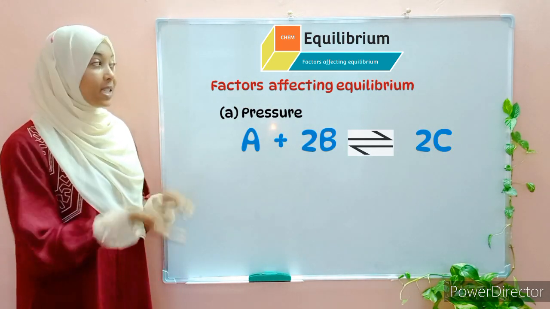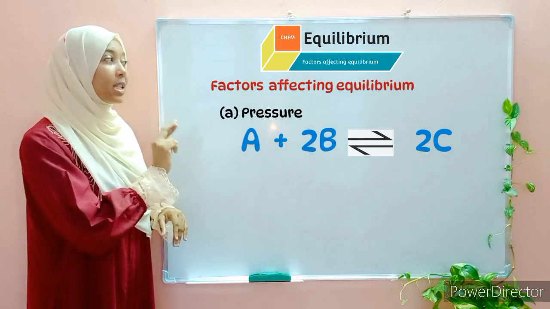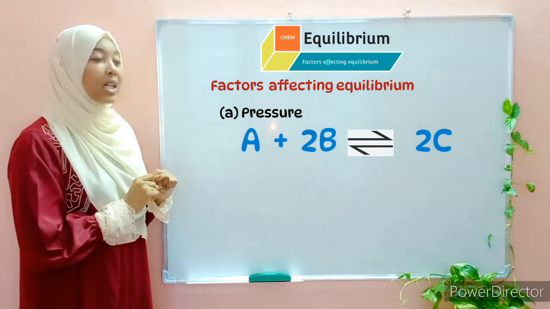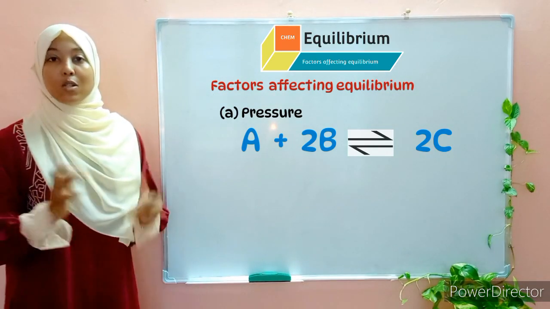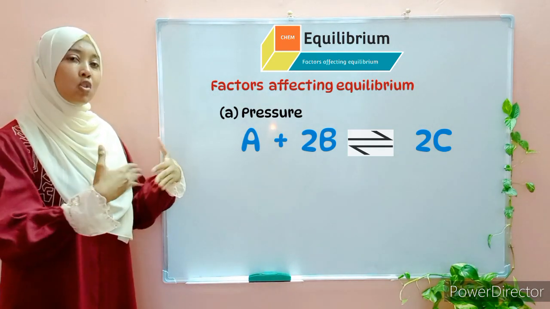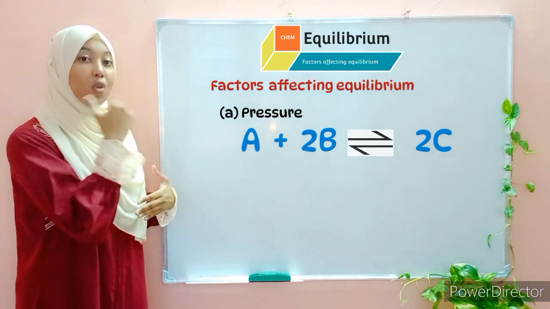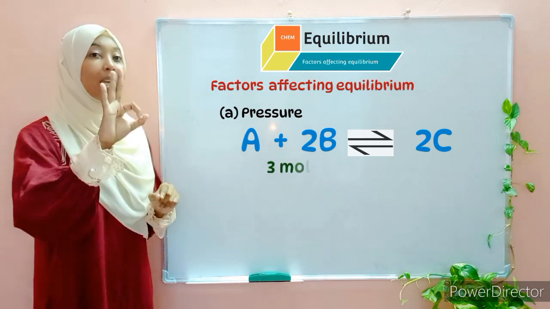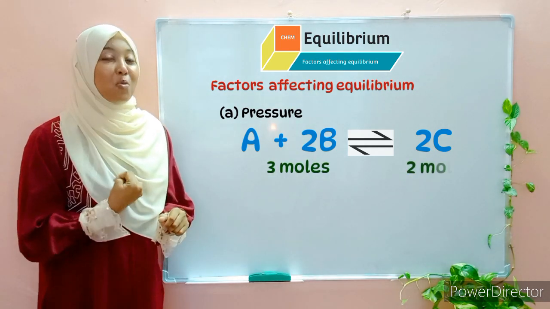We have two reactants, A and B, reacting together to form a product, which in this case is C. So we have 1 mole of A reacting with 2 moles of B to form 2 moles of the product, C. Now let's look at the total number of moles of the gases on the reactant side of the reaction. We have 1 plus 2 giving us a total of 3 moles. What about on the product side? We only have 2 moles.